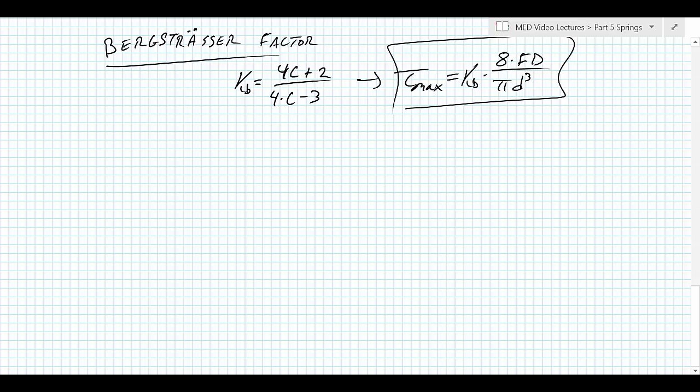So the first off is deflection. The whole point of a spring is that it causes some amount of deflection. So I'm going to skip the solution process.